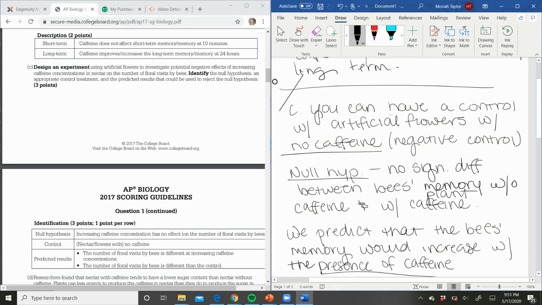It's asking you to design an experiment that's different from this experiment, that investigates potential negative effects of increasing caffeine concentrations. So obviously you would need to do multiple treatments with increasing concentrations of the caffeine, because in the other experiment they only did the 0.1 molar of caffeine with the absence or the presence of it.